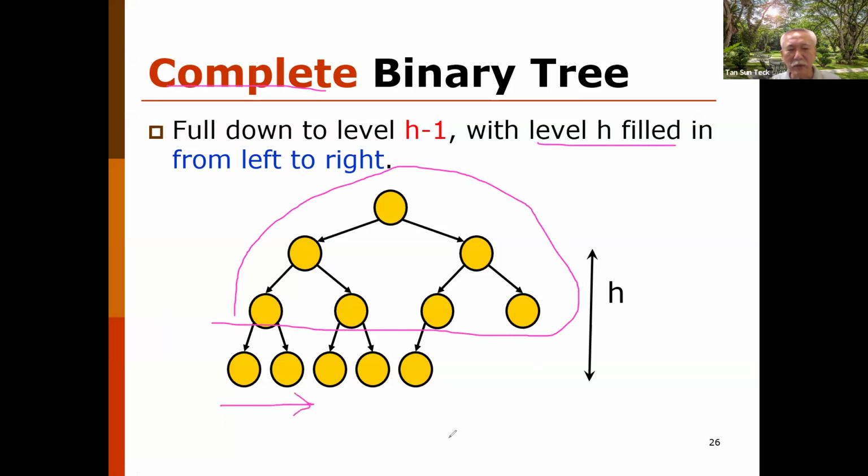So if I want to add one more node into this tree, I have to add it here so that it is complete. If I add one more and try to add it over here, you will make this tree not complete. You must add this side first, so it's from left to right when adding values into the complete tree. Pay attention to this, because when we talk about heaps, we will be using complete binary trees.